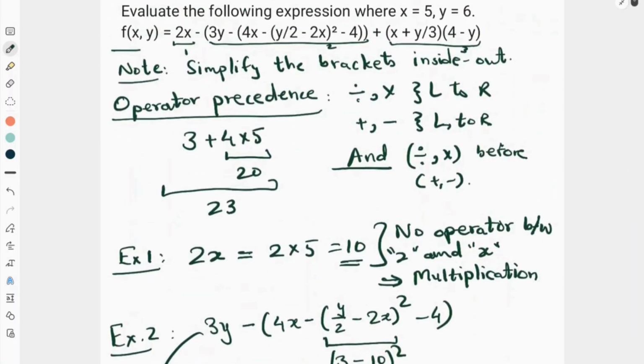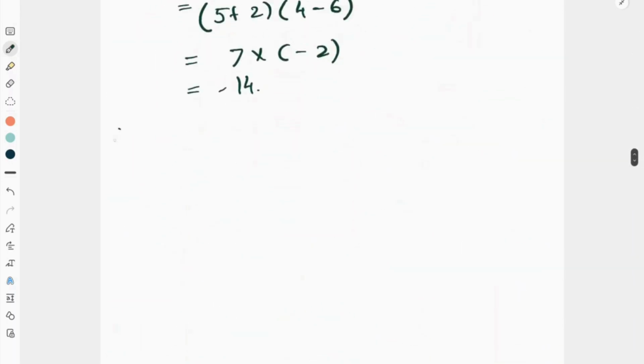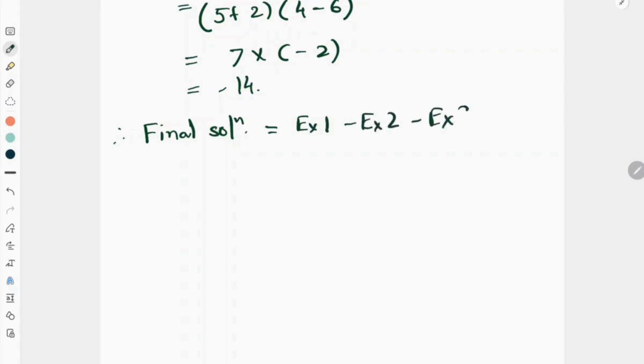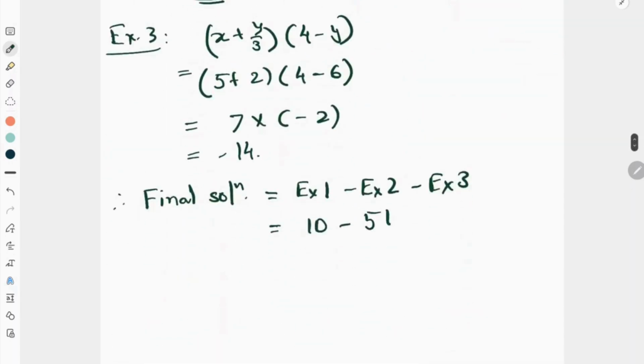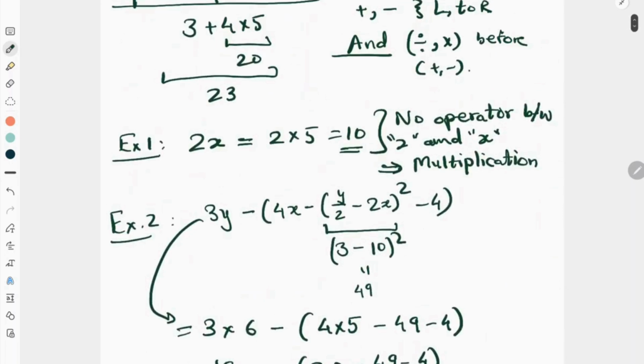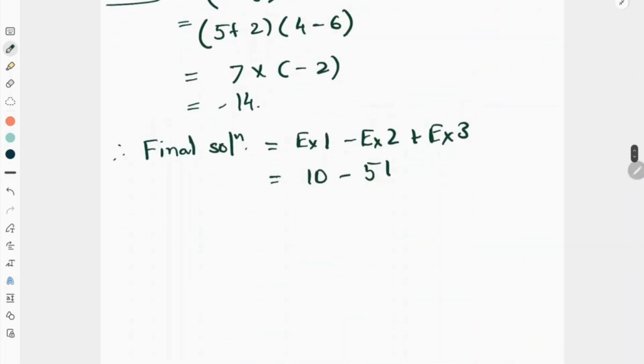So let's plug this whole thing together. We have expression 1 minus expression 2 plus expression 3. So the final solution is equal to expression 1 minus expression 2 plus expression 3, which is 10 minus 51, plus minus 14.